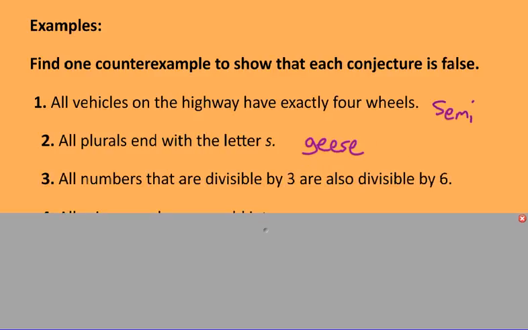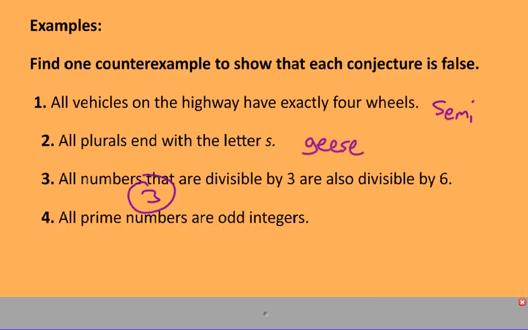Number 3, all numbers that are divisible by 3 are also divisible by 6. Well, I'm going to take the easiest one. I'm going to say 3. 3 is divisible by 3 because you get 1, but it's not divisible by 6 because you'd end up getting a fraction. There you go. And finally, all prime numbers are odd integers. Well, 2.